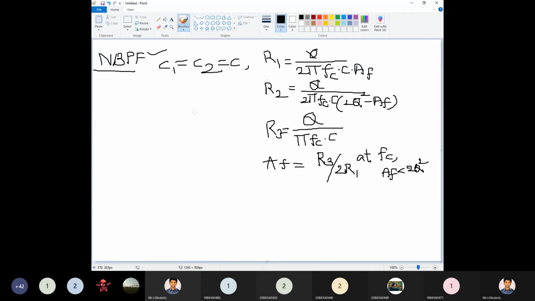You need to remember those two circuits. The high pass circuit.